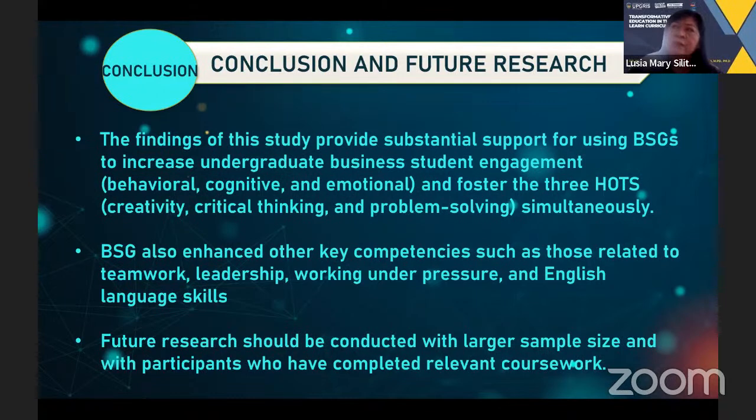You can see the conclusion, and in the future, research should be conducted with a larger sample. It will be more generalized if the samples are more than 48. Honestly, it's not easy to collect students and put them in the classroom in order to do experiments.